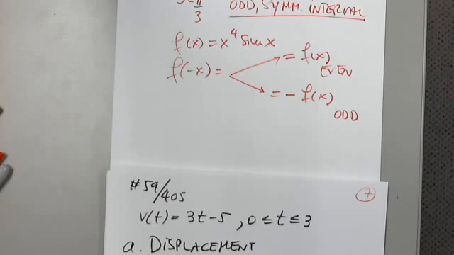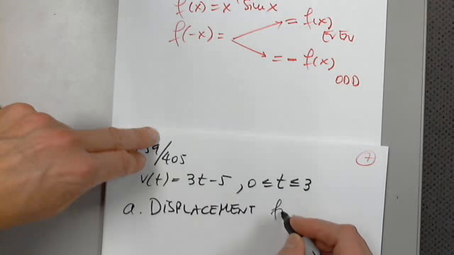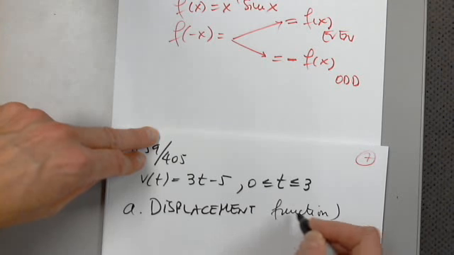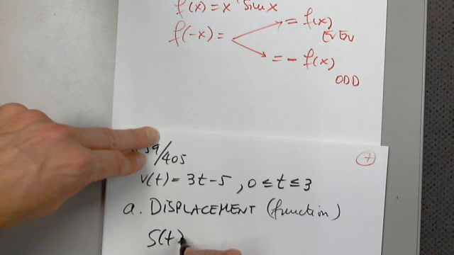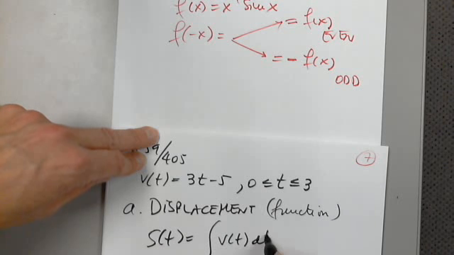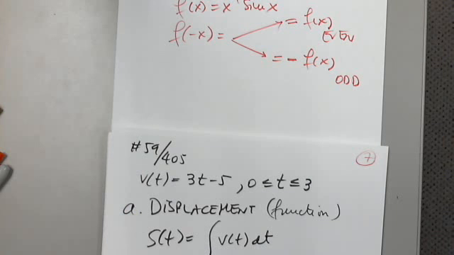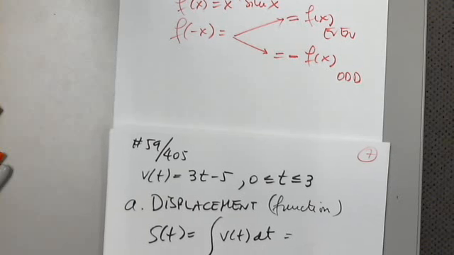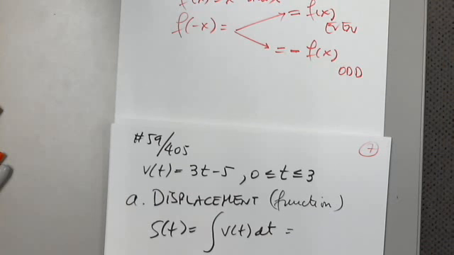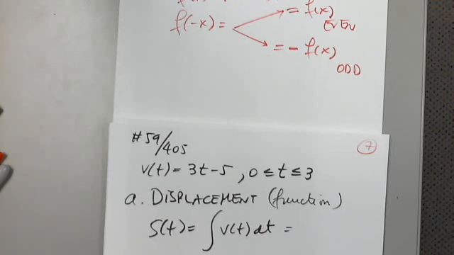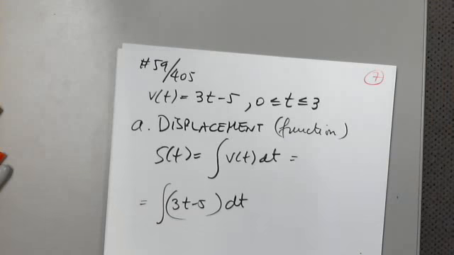The displacement is a function S of t, which is nothing else but the indefinite integral of v of t dt. And that is the integral of 3t minus 5 dt. And we know how to determine this.